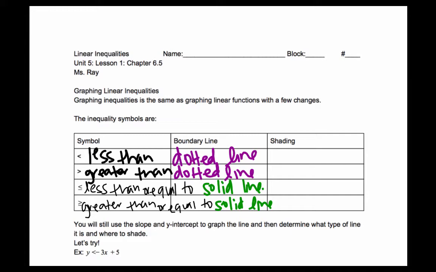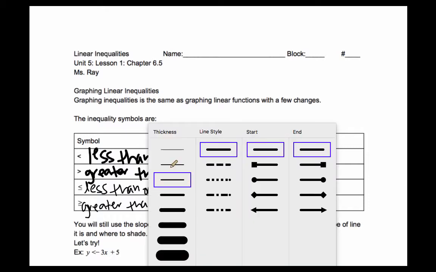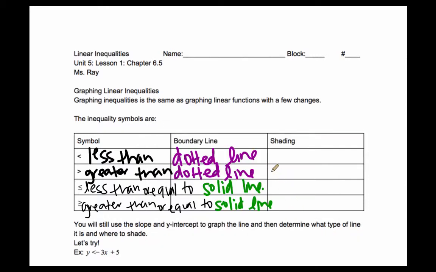All right, now as for the shading, when we graph an inequality, basically half the graph is going to be shaded a certain color. For less than, we're going to shade below. For greater than, we're going to shade above.